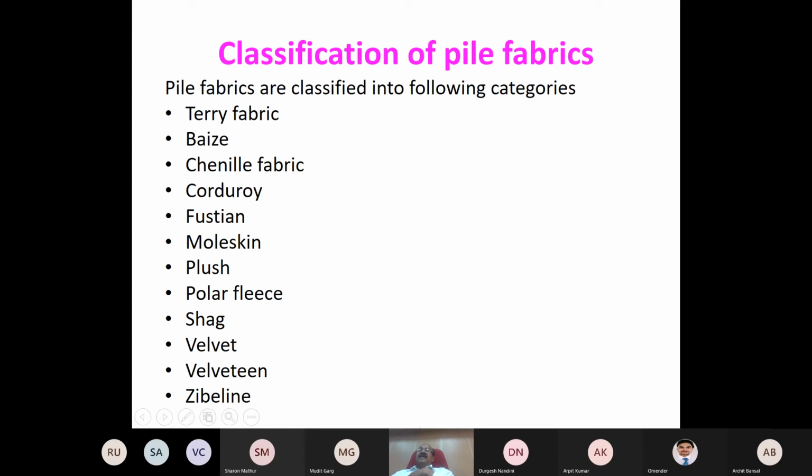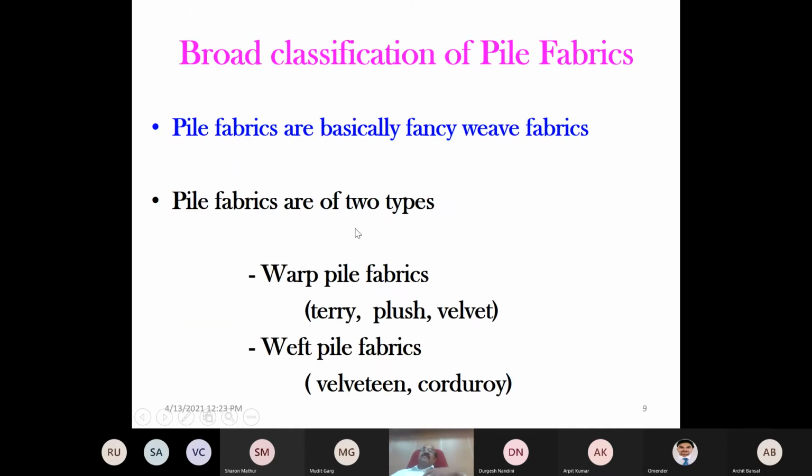And a wide range of products. Some I have already shown you in the picture, but there are a large number of structures available in this pile category. These pile fabrics are broadly divided into two types: warp pile and weft pile.